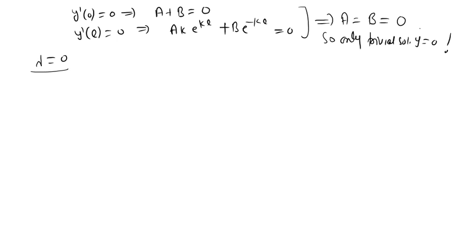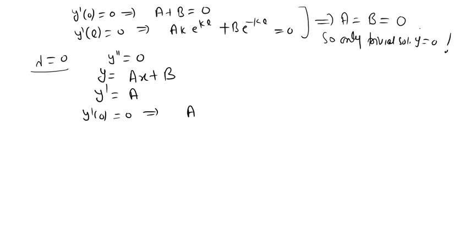And now take the second case when lambda is 0. So you have y double prime equal to 0. The solution is y equal to ax plus b. Also write its derivative, which is a only. So y dash 0 will give you a equal to 0. Also y dash L equal to 0 also gives you a equal to 0.